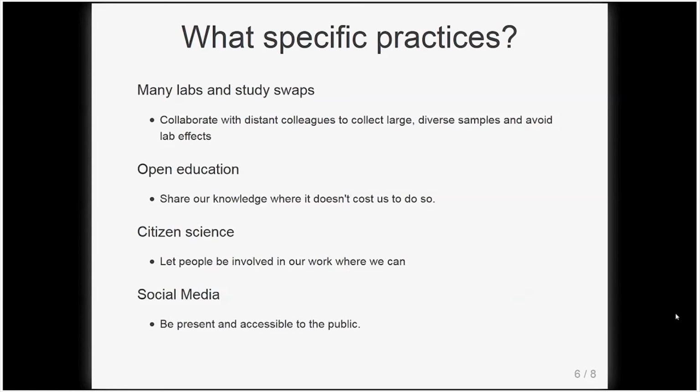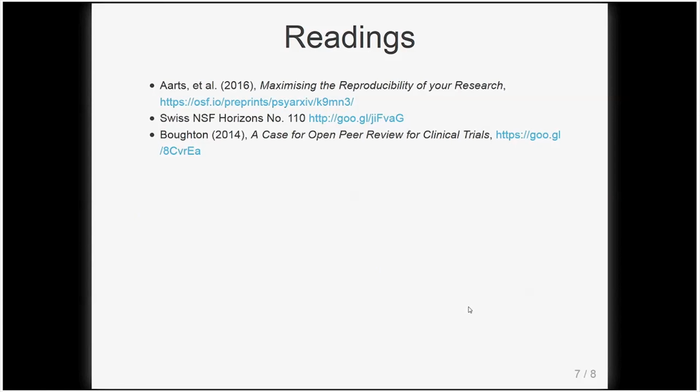And many others, including participatory activities involving many labs or multiple labs, sharing of educational resources, and getting the public involved in our research, not just as participants, but potentially as collaborators, and engaging with not only each other, but with the public on social media. Hopefully that gives you some insights into what open science is.